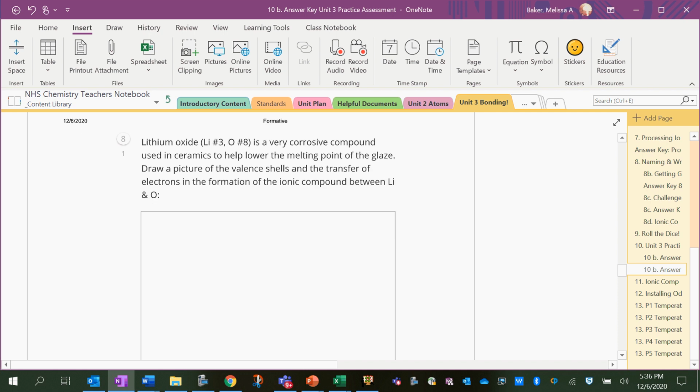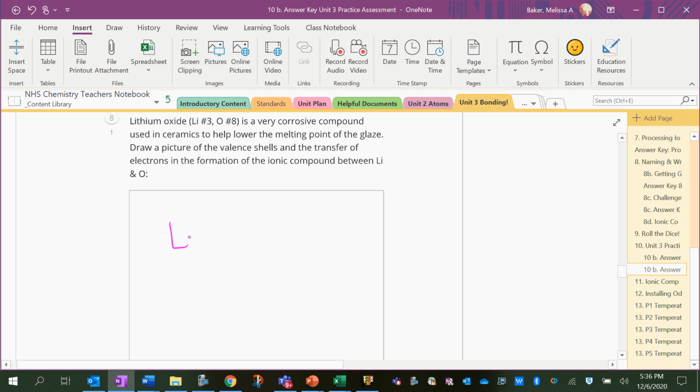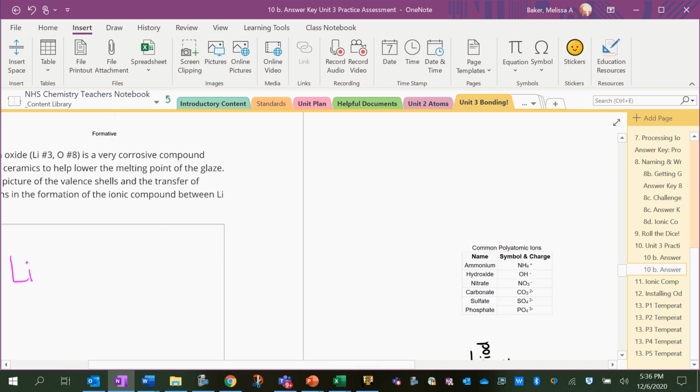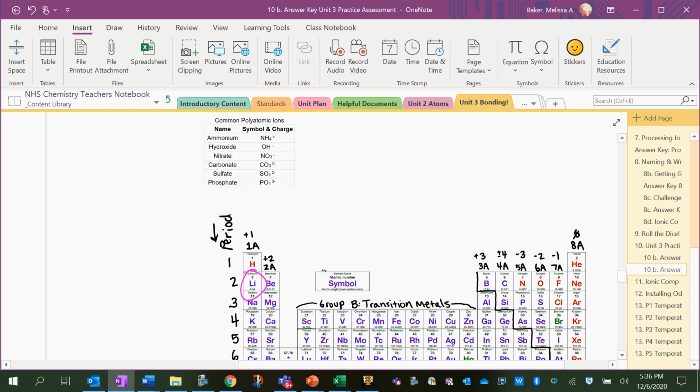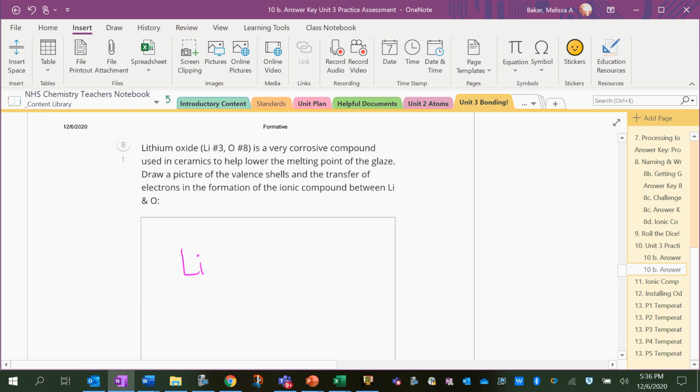Lithium oxide is a very corrosive compound. Draw a picture of the valence shells and the transfer of electrons in the formation of the ionic compound between Li and O. So Li is in group 1A, so that means it has 1 valence electron. Oxygen is in group 6A, so it has 6 valence electrons.